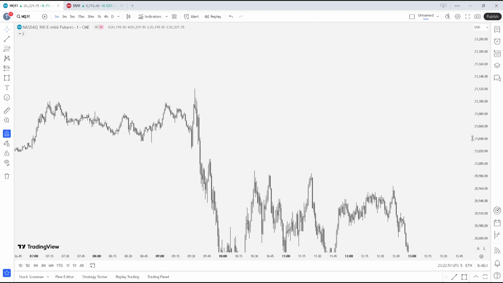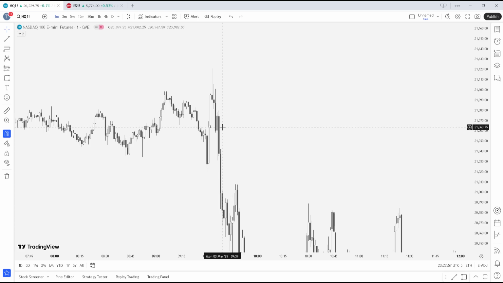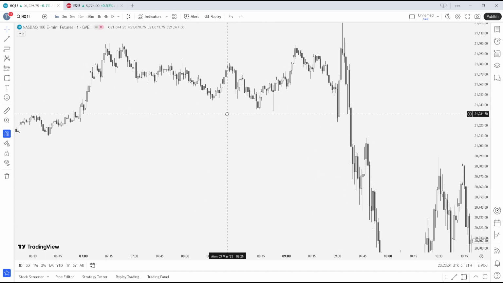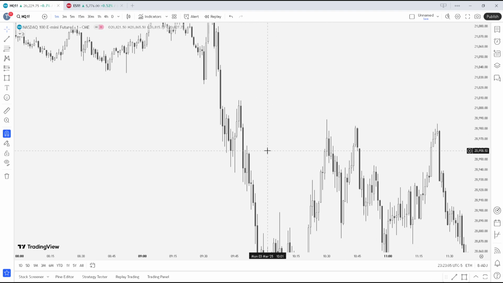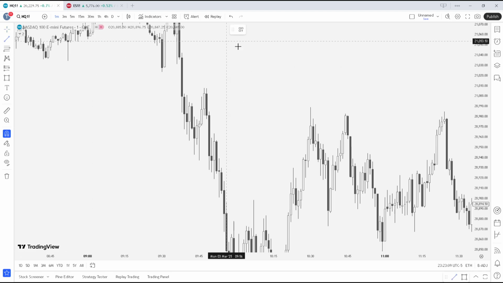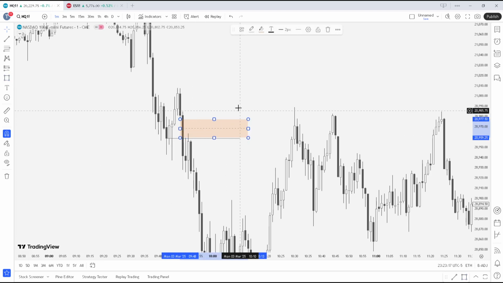It's just with a mitigation block, you enter off of the mitigation block, right, instead of the breaker. But yeah, I'm not gonna go over an example just because I don't use mitigation blocks myself. So the unicorn model is a breaker plus a fair value gap.